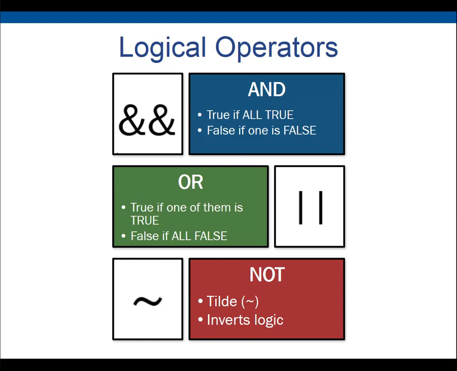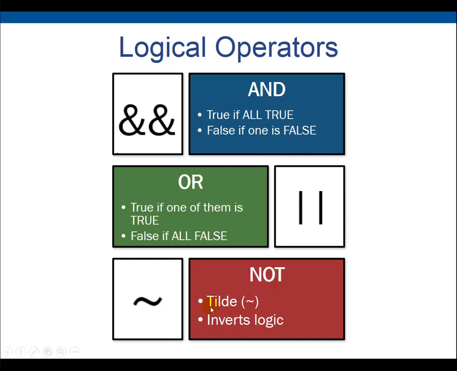It is false when one of them is false. Oppositely, the OR operator is true if one of them is true. It is false if all are false.